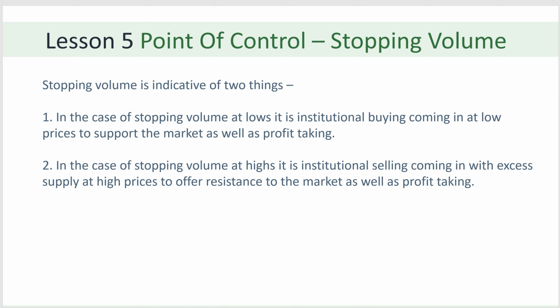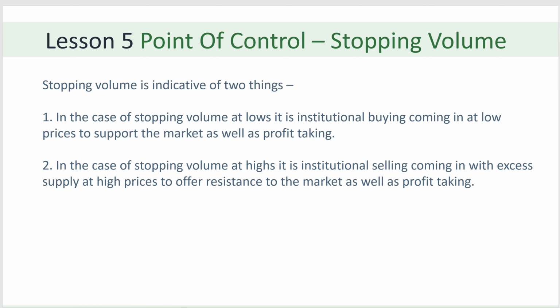Stopping volume is indicative of 2 things. One, in the case of stopping volume at lows, it's institutional buying coming in at low prices to support the market, as well as profit taking. Now, again, I say institutional buying. It doesn't necessarily have to be institutional buying. It's a big order, and generally it's institutional buying.